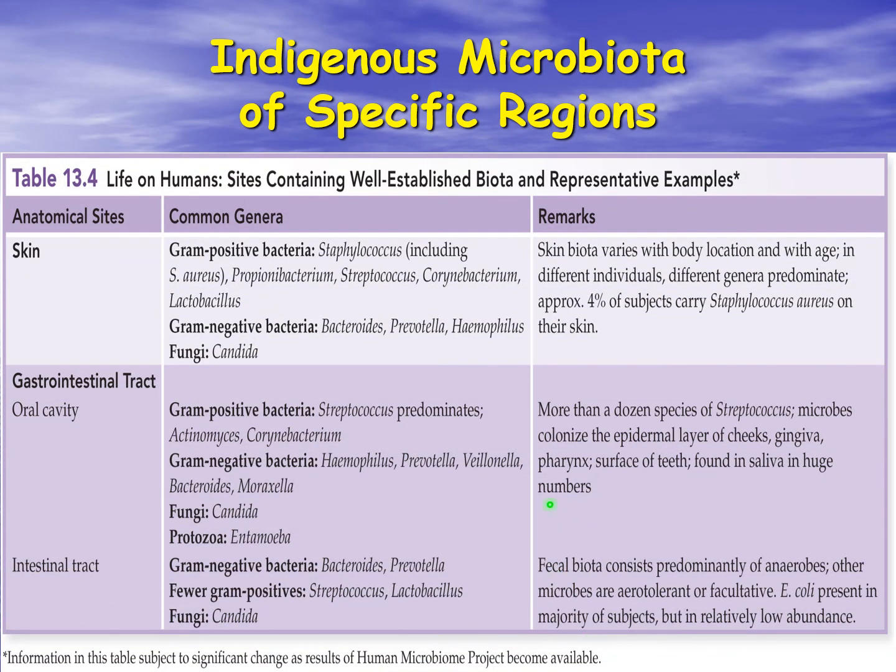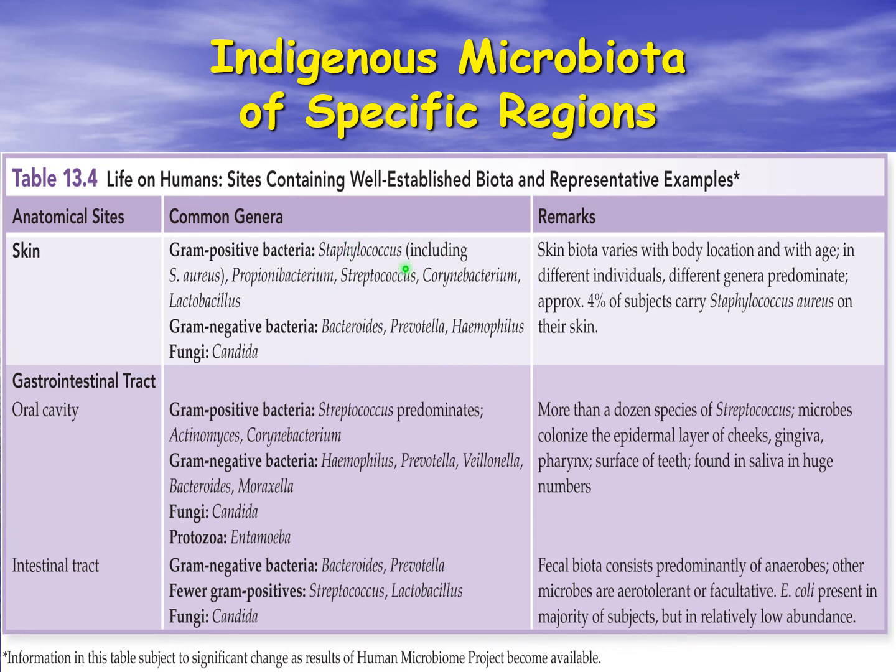So don't bother to learn the chart, but I'm just going to go through a few things here on these sites that contain well-established normal microbiota and some representative samples. So on the skin, we have a number of bacteria, both gram-positive and gram-negative, along with some yeasts and even small protozoans and small mites, such as the follicular mites.